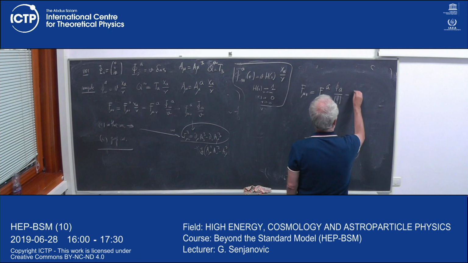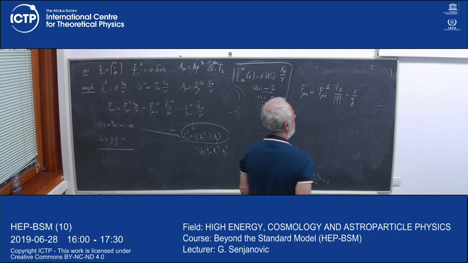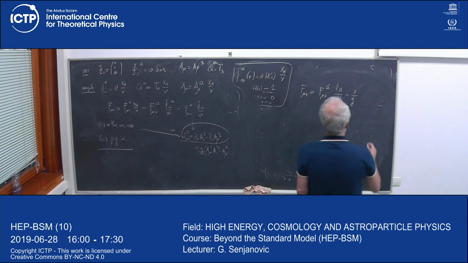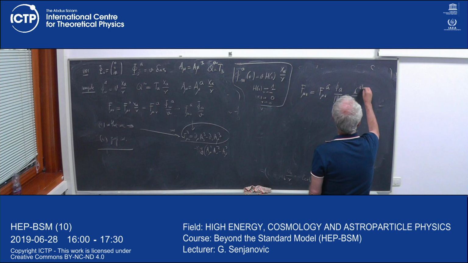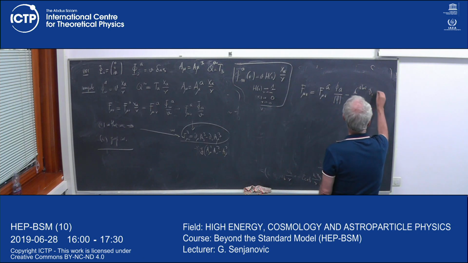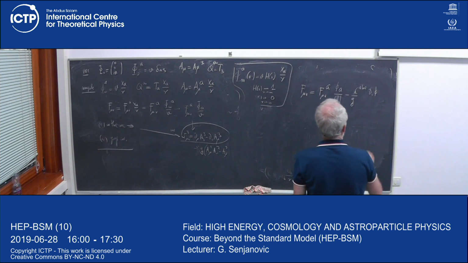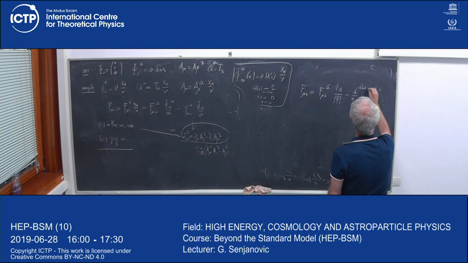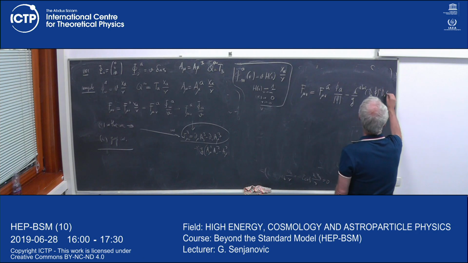Minus, and now is it 1 over G, that's why it would be good to have minus, epsilon ABC, d mu phi A, d mu phi B, phi C over phi cubed.